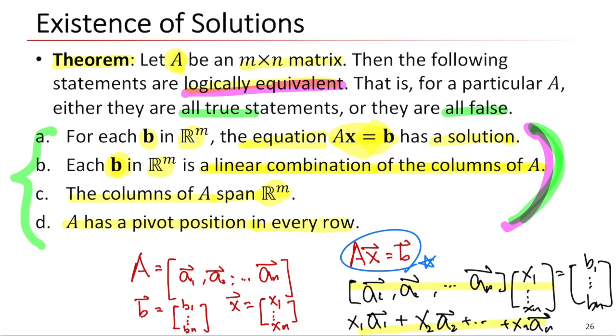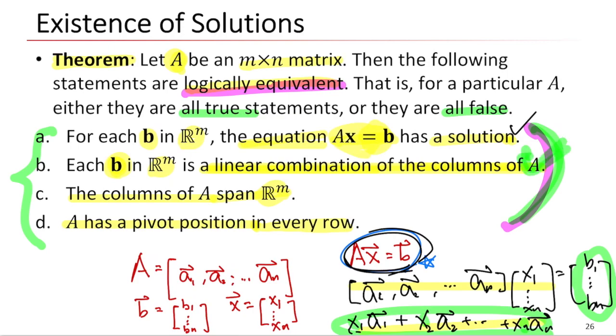What does that mean? If there is a solution of Ax equals b, there exist these weight values, and then this vector b can be represented as a linear combination of the columns of A.